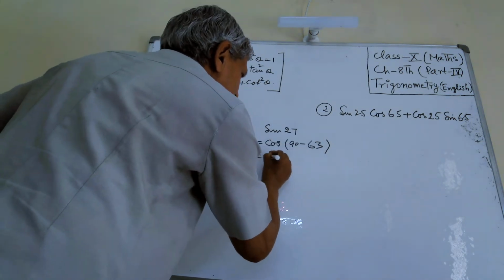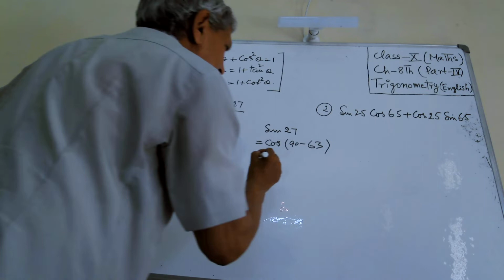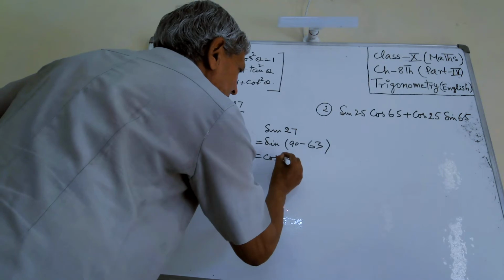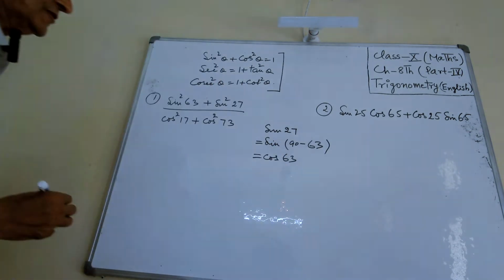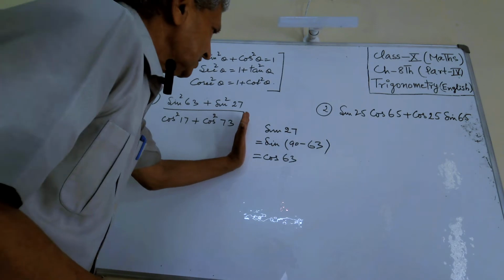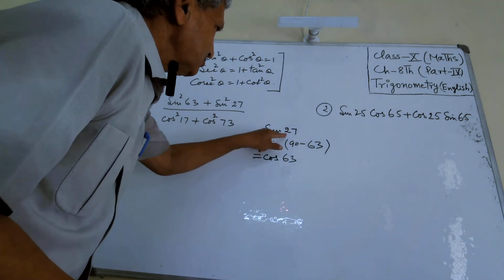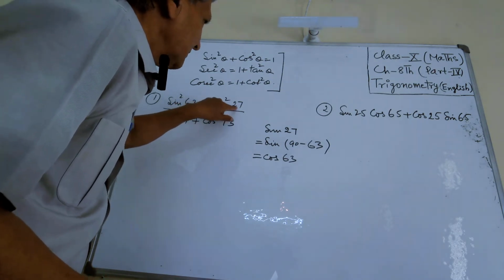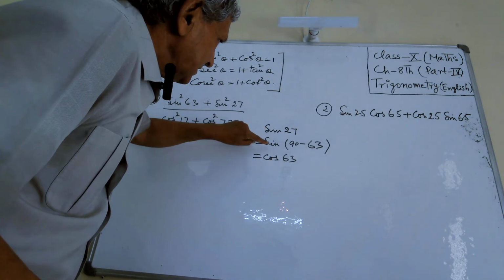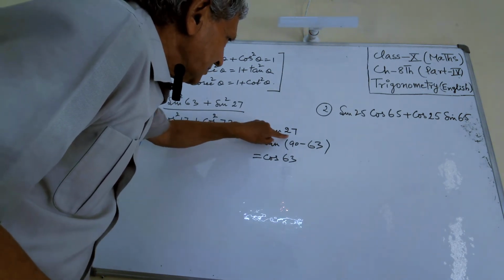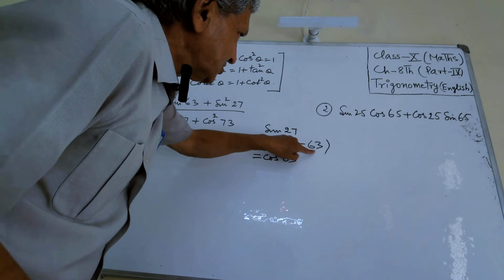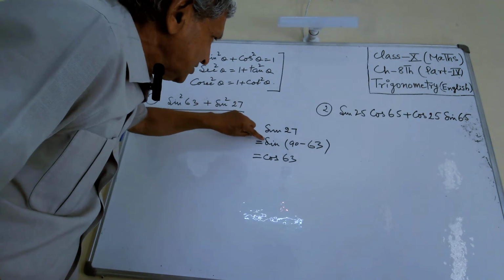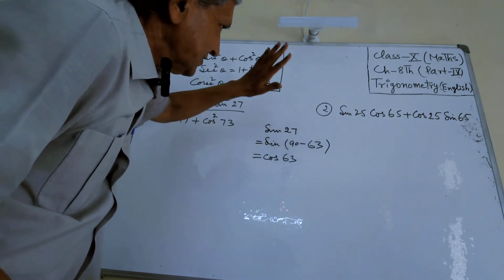Here you see cos 63. See this change again. I want to make a change in sin 27. Sin 27 can be written as sin of 90 minus 63, because the difference of these two is 27. When there is no change here, there should be no change in this angle.